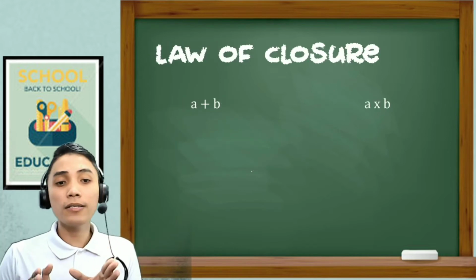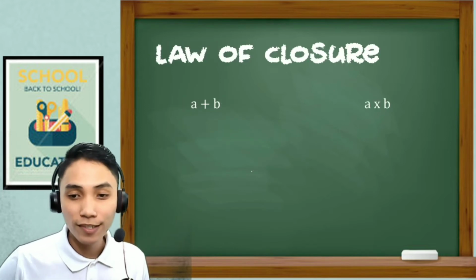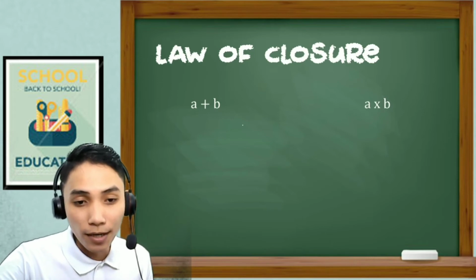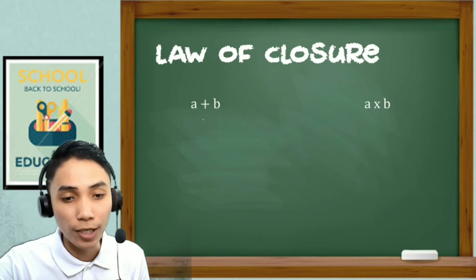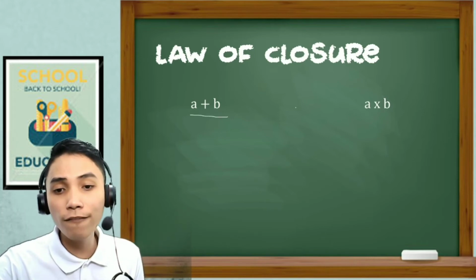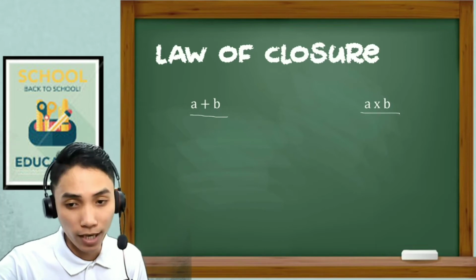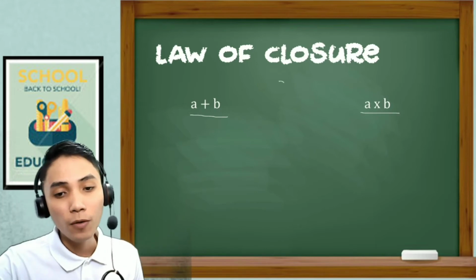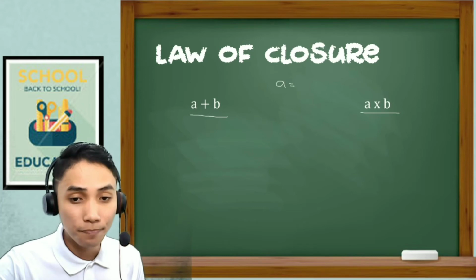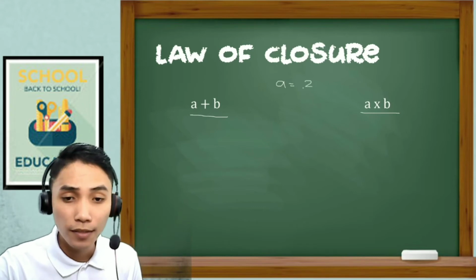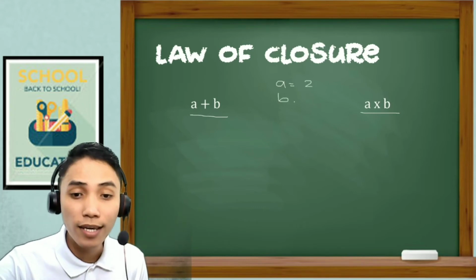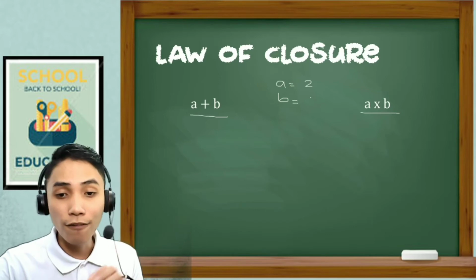Now we have here also the law of closure. We have the law of closure for addition and the law of closure for multiplication. Now let's say we have the value of A, that is 2, the value of B, that is 4.